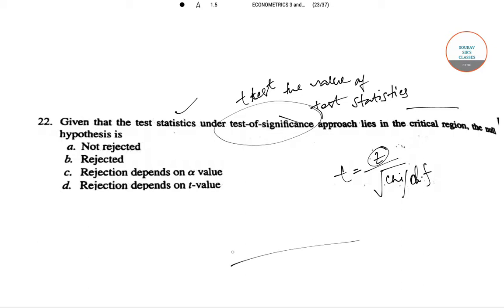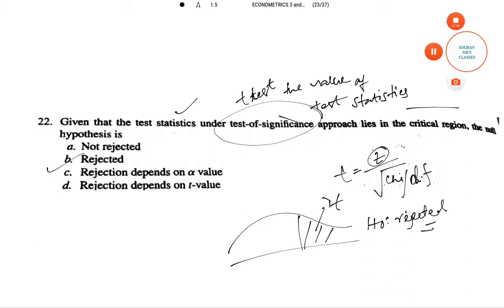Now if the t-statistic falls in the critical region, then the null hypothesis is rejected. Therefore, option B is the correct answer.